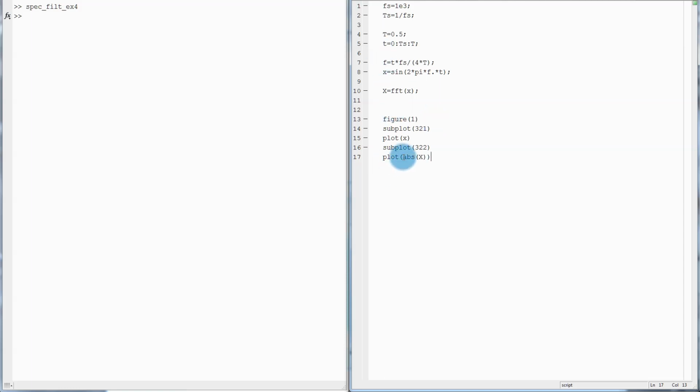Remember, you need to plot the magnitude spectrum, the absolute value of these complex numbers. If you don't, you are going to end up with complex numbers and those are going to be difficult to look at. Before I run this, I will label my axis.